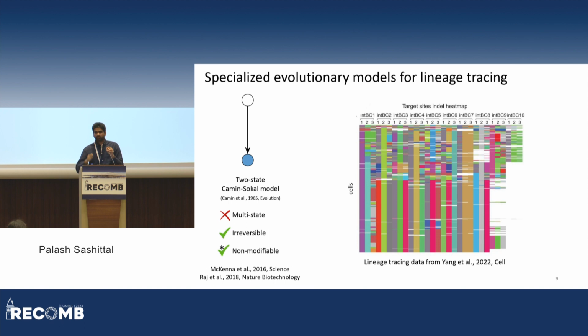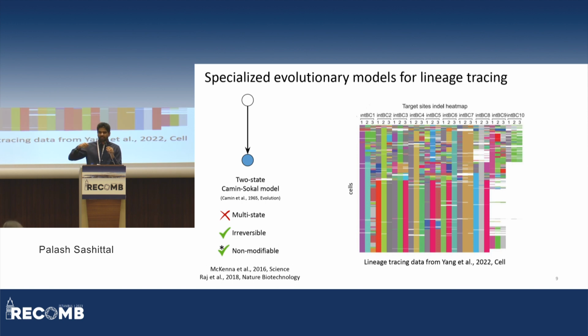And because there's only one possible mutated state, irreversibility also implies non-modifiability in this case. The reason I'm talking about this model is that it's in fact been used in previous lineage tracing studies. But as we talked about earlier, real data actually has multiple states for each character, so this is perhaps not the most appropriate evolutionary model to use.